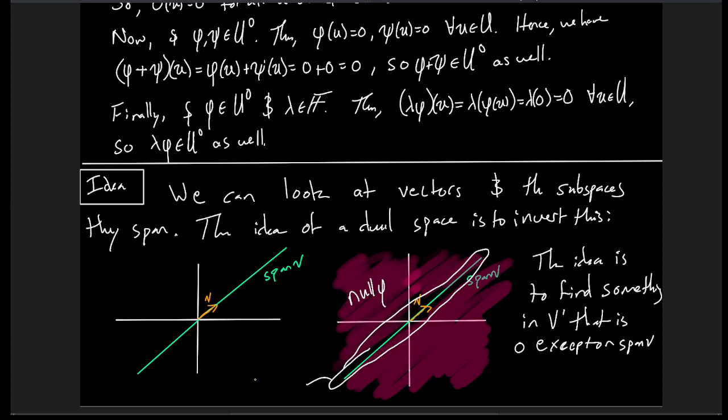That is, this is the place where phi is non-zero.